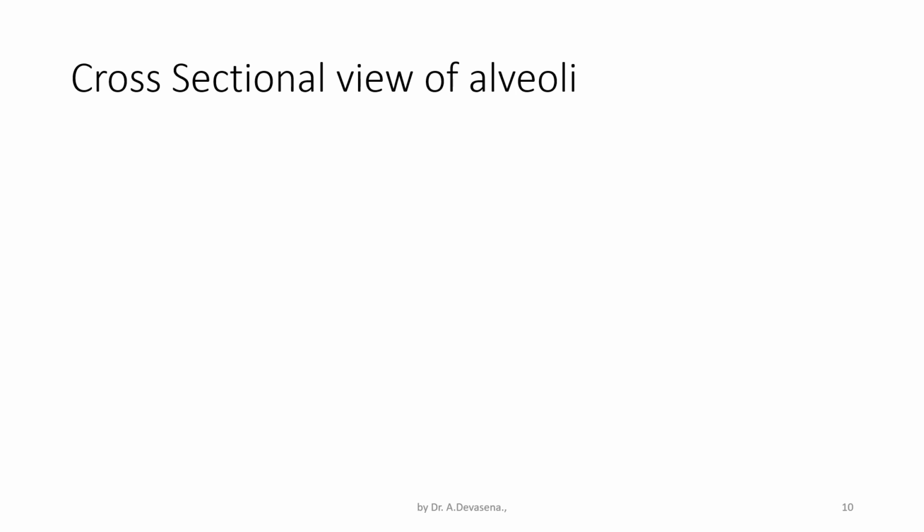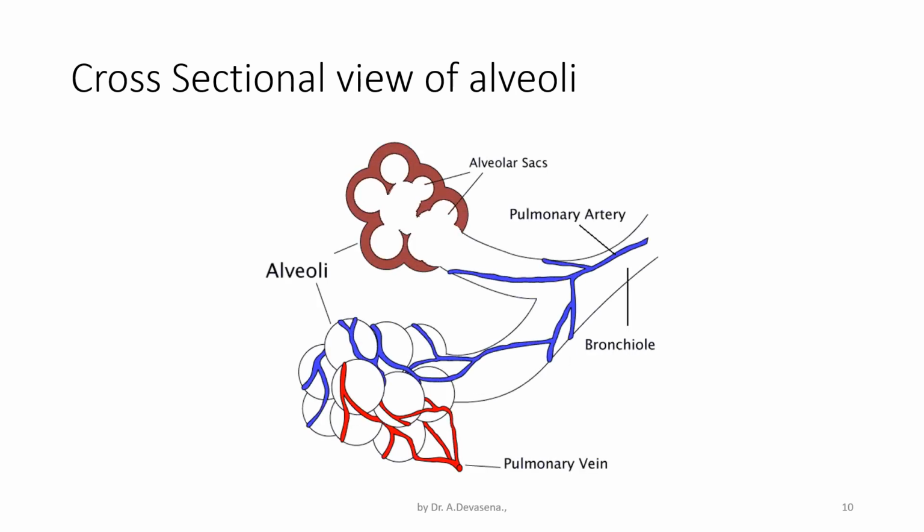This is the cross-sectional view of the alveoli. Here we have the pulmonary artery, which carries impure blood from the heart.